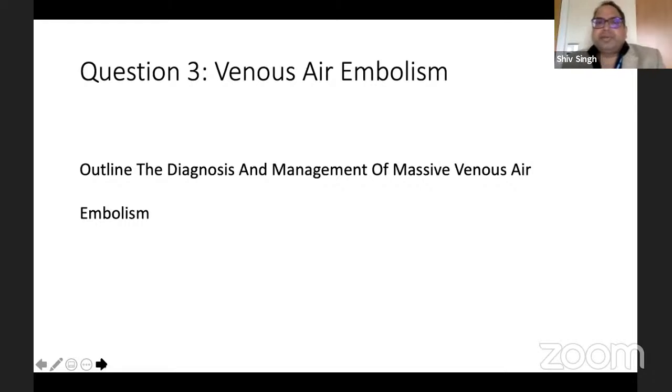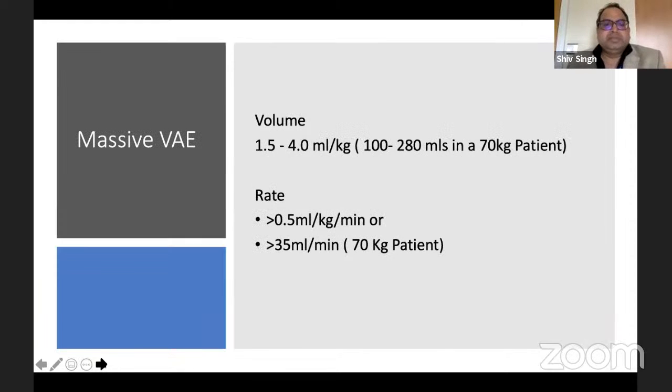Coming to our third question on venous air embolism. It says outline the diagnosis and management of massive venous air embolism. When you say massive venous air embolism, you need to know the definition. A volume of 1.5 to 4 ml per kilo.